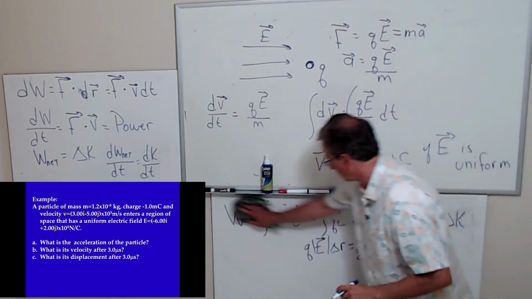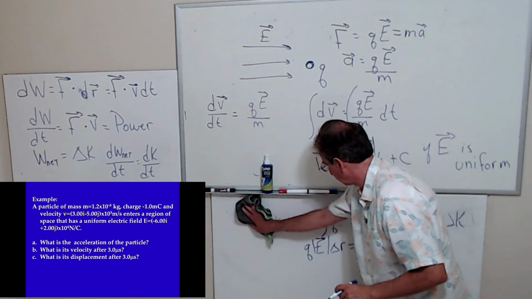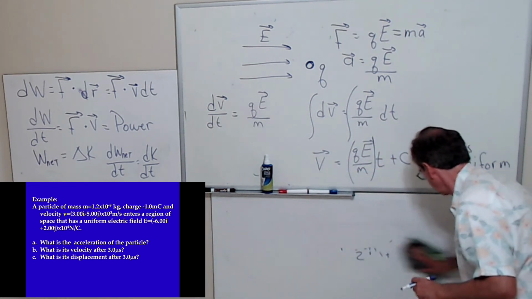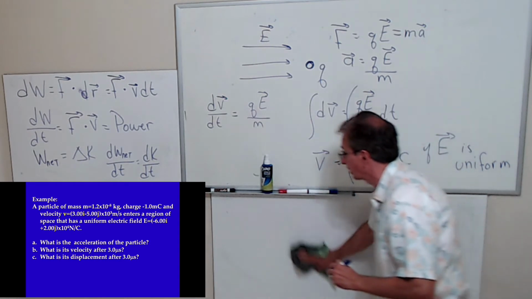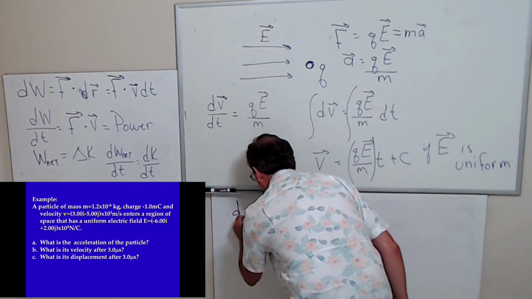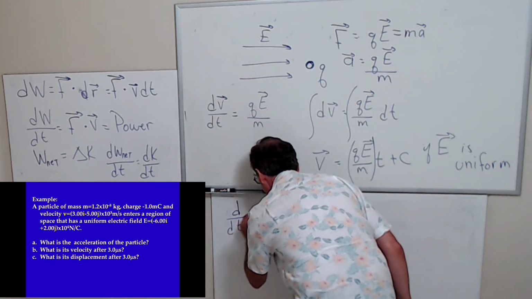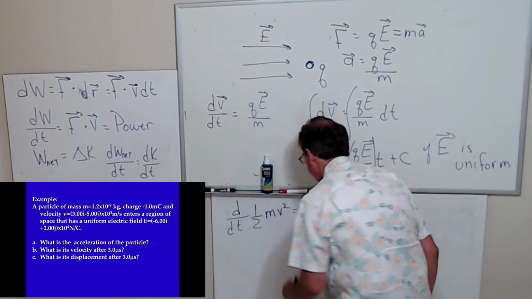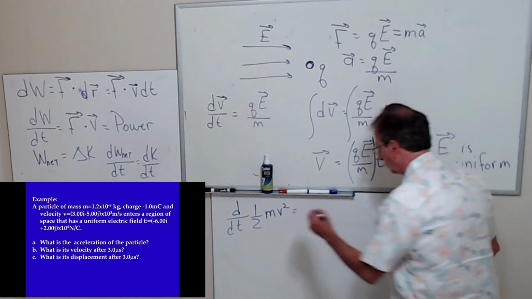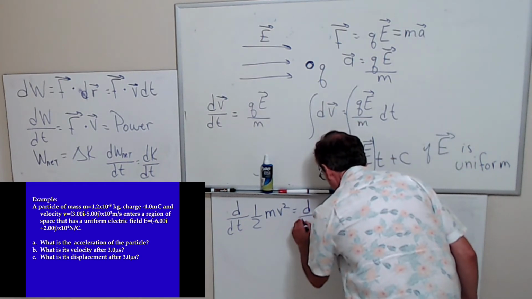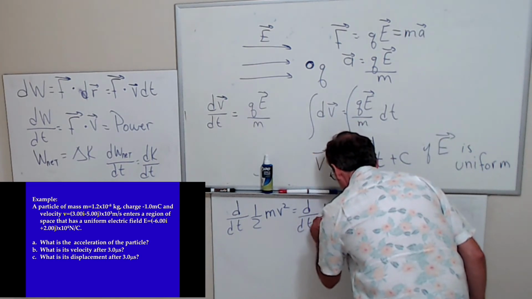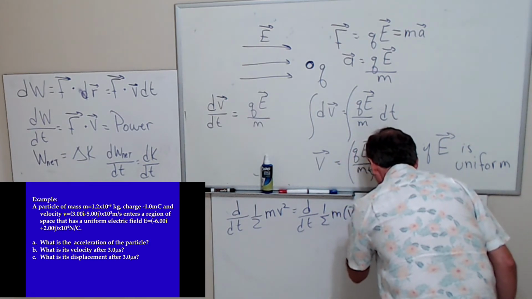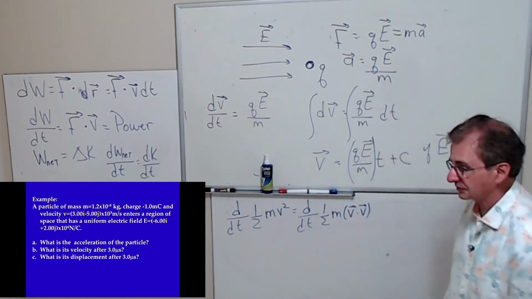It's one half m v squared, and really v squared is a dot product of the velocity with itself.